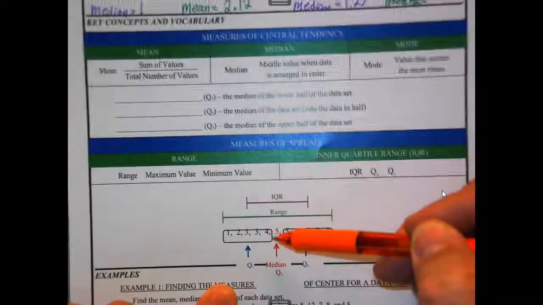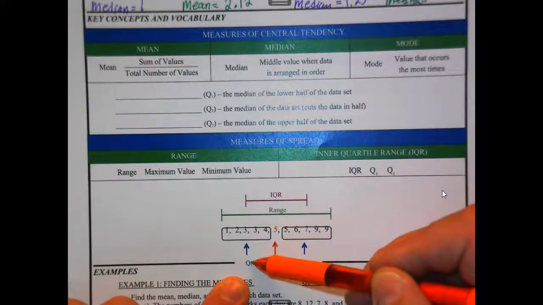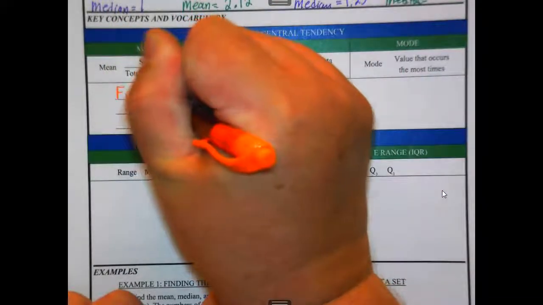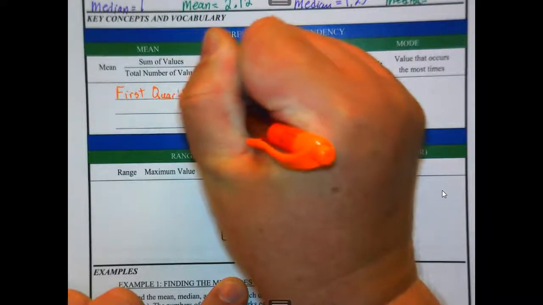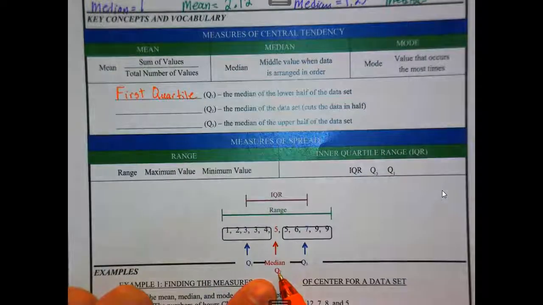Then we had to find the median of each half. When we found the median of each half, that was our first quartile. And then that second quartile, or Q2, that was the first median we found, right?